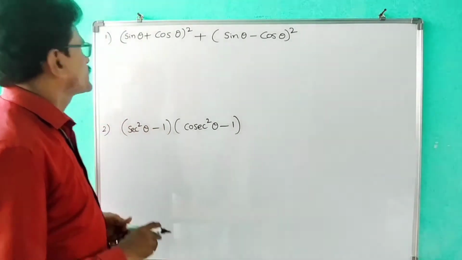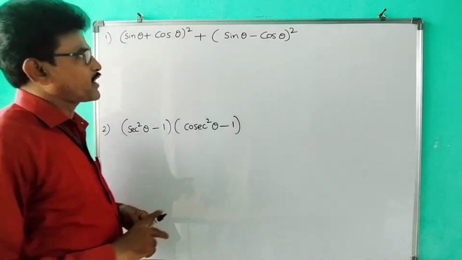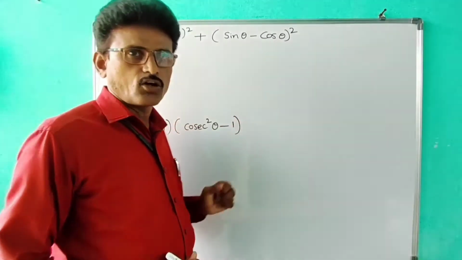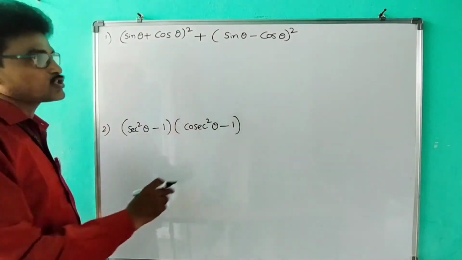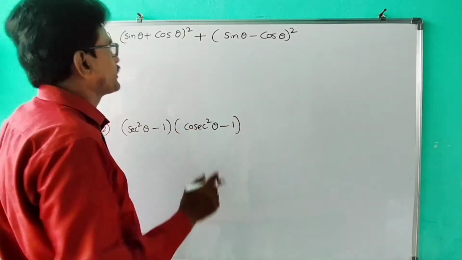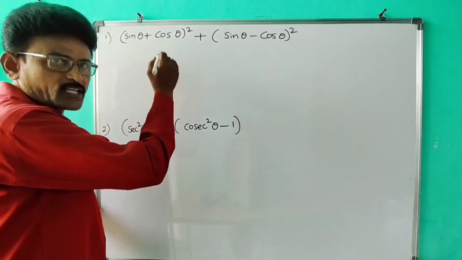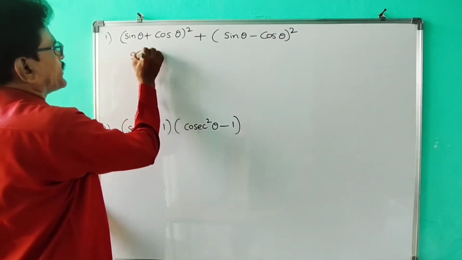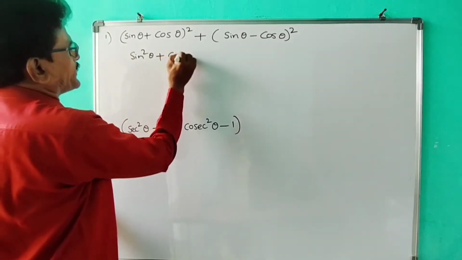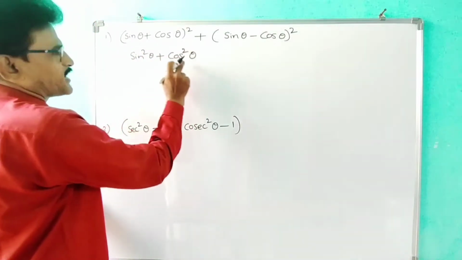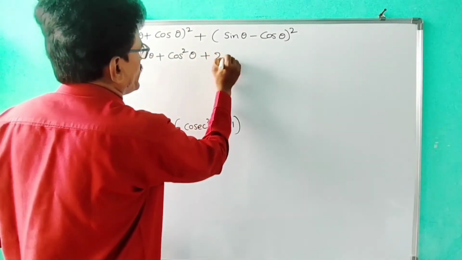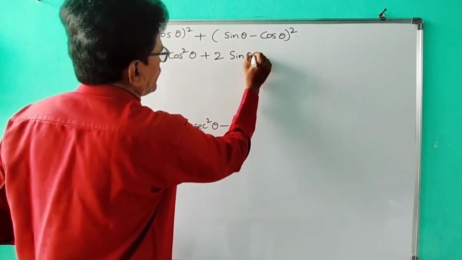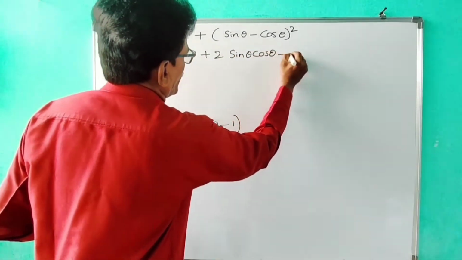See, first: (sin theta plus cos theta) whole square plus (sin theta minus cos theta) whole square. This uses the (a plus b) whole square and (a minus b) whole square formulas. (a plus b) whole square is a square plus 2ab plus b square. So here I am writing sin square theta plus cos square theta plus 2 sin theta cos theta.